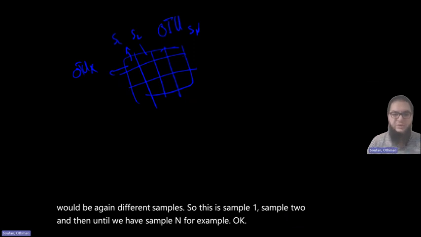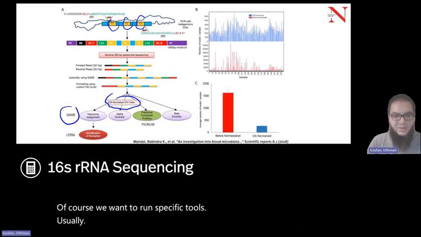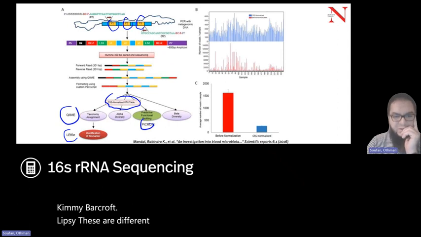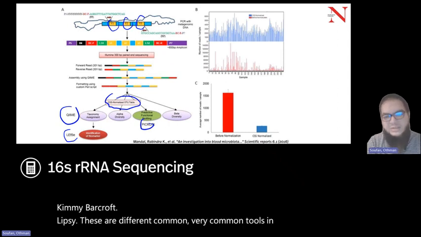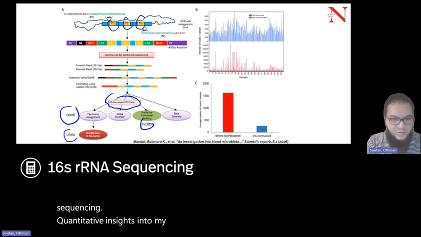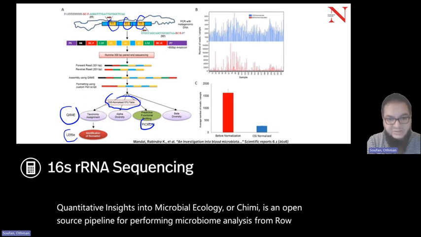Now, of course, we want to run specific tools, usually QIIME, PICRUSt, LEfSe. These are very common tools in 16S sequencing. Quantitative Insights into Microbial Ecology, or QIIME, is an open source pipeline for performing microbiome analysis from raw DNA sequences.